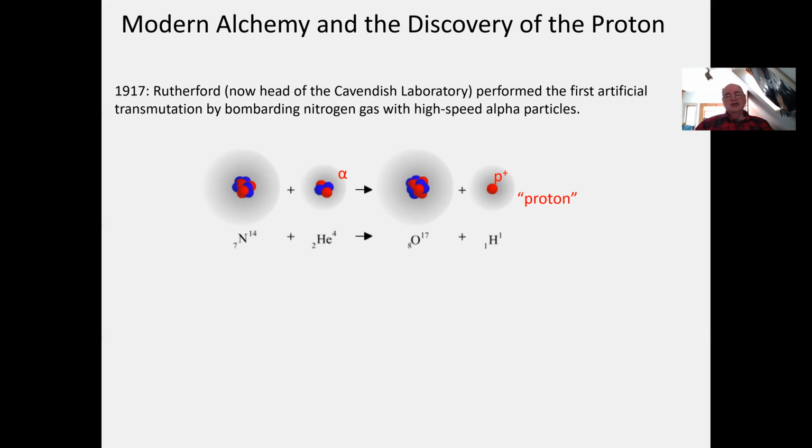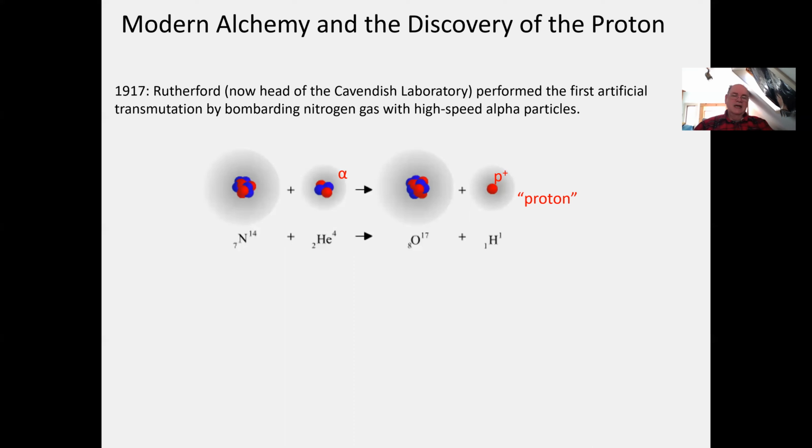He took nitrogen. First of all, he started with just air, which we know is mostly nitrogen, right? 80% nitrogen, 20% oxygen, basically, more or less. And he fired alpha particles through a Crookes tube, a cathode ray tube type vacuum tube. But instead of using electrons, he used alpha particles, set up a radium source, and let them naturally shoot through the air.